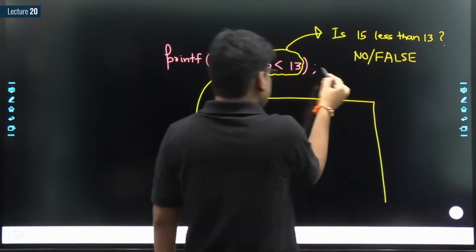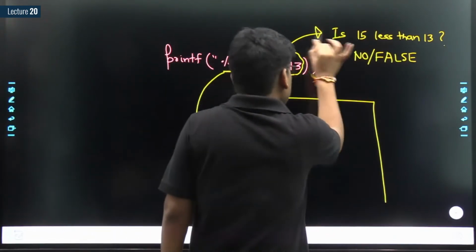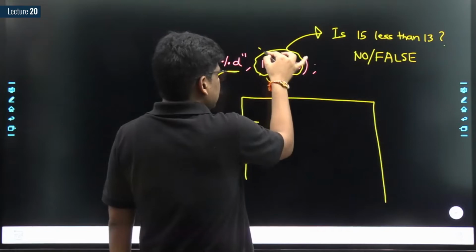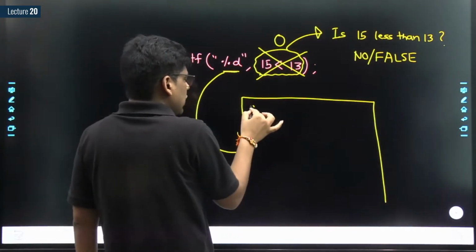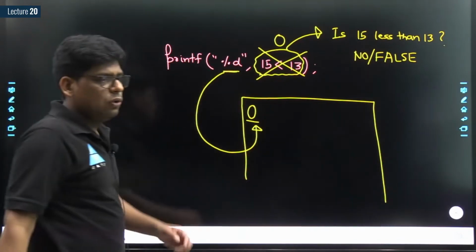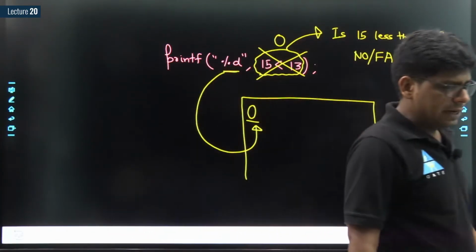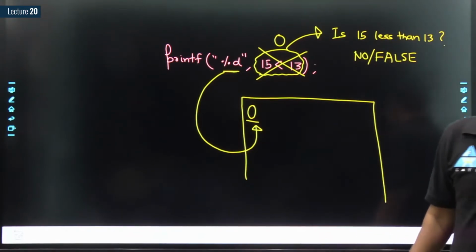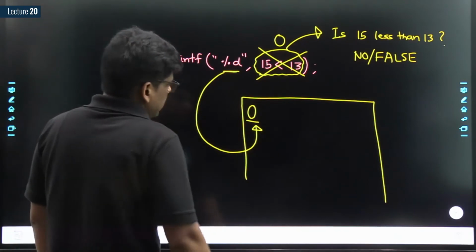That 15 is less than 13 is a false statement. Sir, because this statement is false, this value is replaced by 0. So what will be printed? Sir, 0 will be printed. Try to understand the concept behind relational operators. Okay, sir, done.